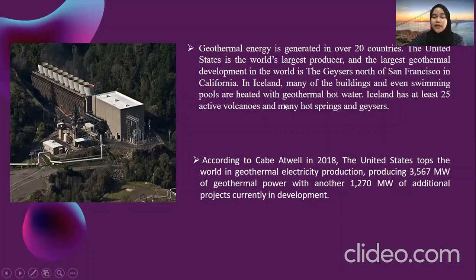In Iceland, many of the buildings and even swimming pools are heated with geothermal hot water. Iceland has at least 25 active volcanoes and many hot springs and geysers.